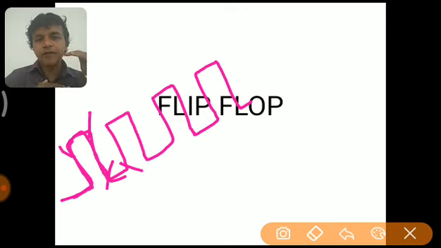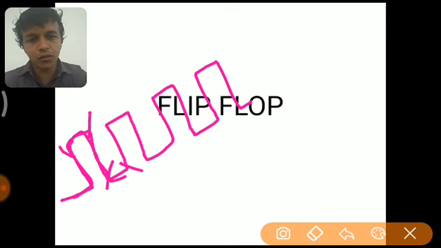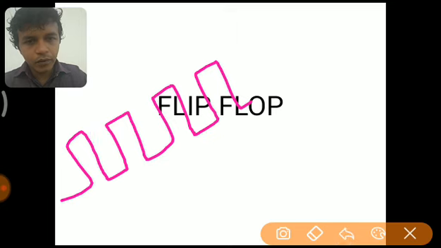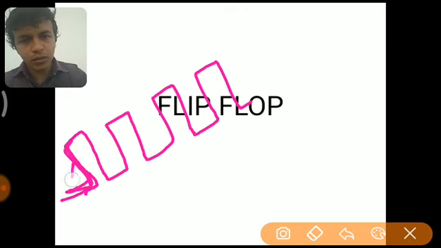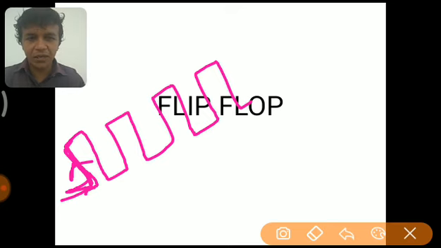When the flip-flop changes its output for the corresponding input when the clock pulse changes from negative value to positive value, that is, during the rise of the clock pulse, at this point, we call it positive edge triggered.